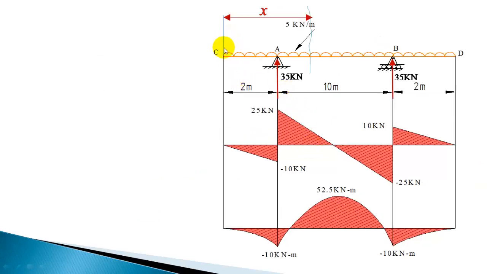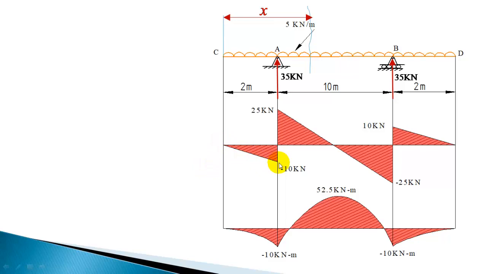Now we have calculated the variation of shear force in the section CA. We got the shear force right of C as 0 and left of A as minus 10. So 0 to minus 10 is the variation for CA, and due to UDL, shear force will vary linearly, that is straight line variation from 0 to minus 10.